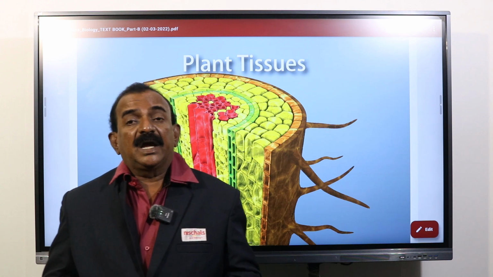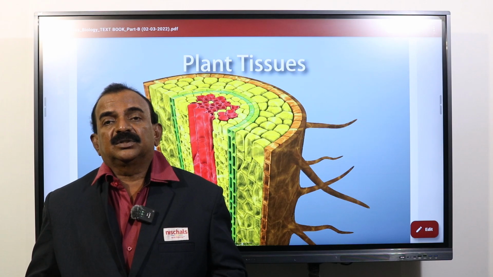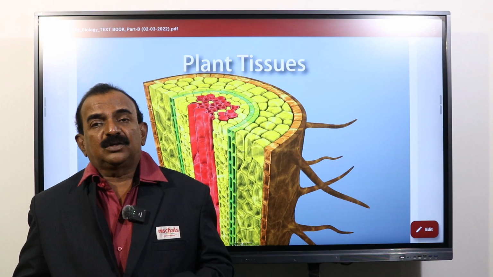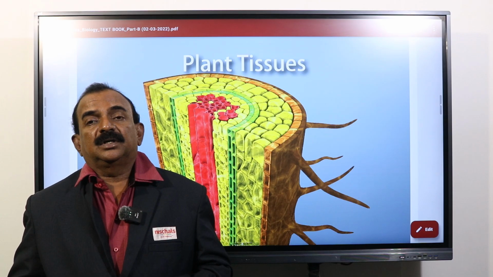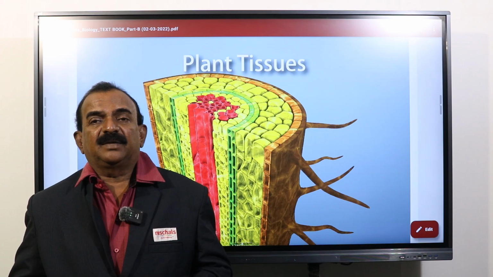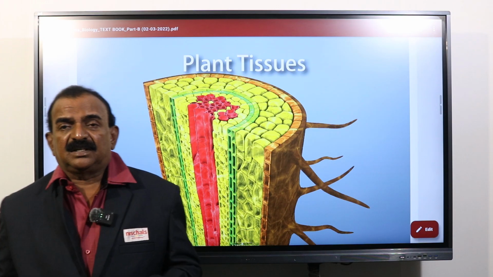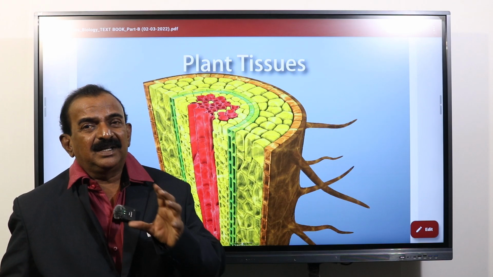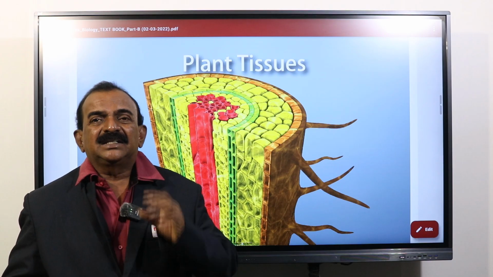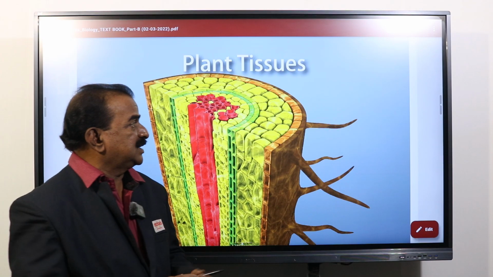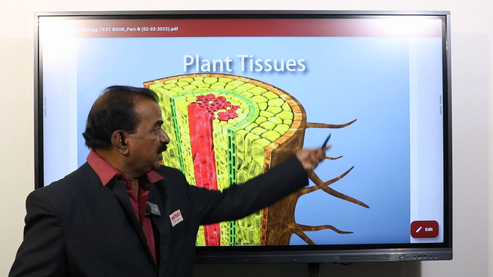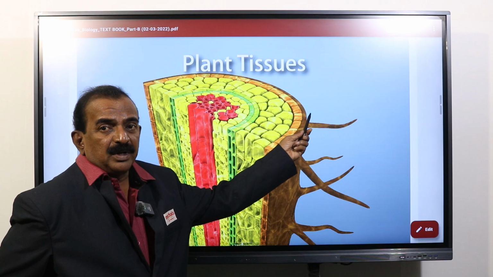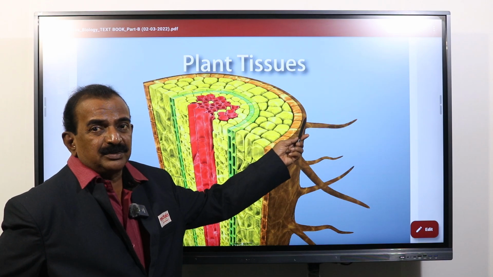Now we are entering the second chapter, that is plant tissues. On the interactive flat panel board, you are observing a beautiful diagram showing the TS of a root. It has different colored structures, and you see root hairs, 1, 2, 3, and this is the cuticle, the outer part of a root, the transverse section of a root.